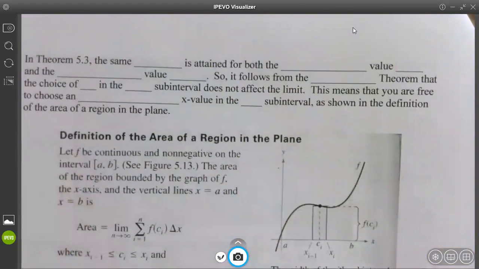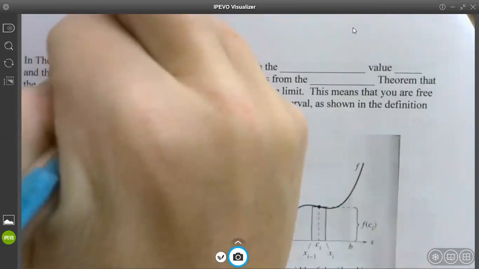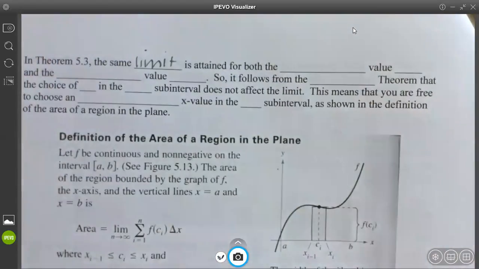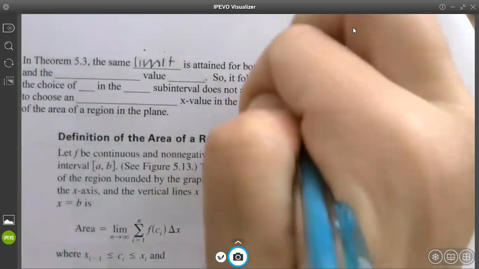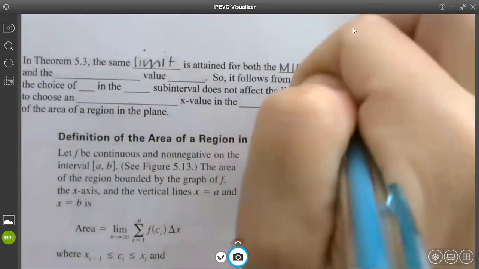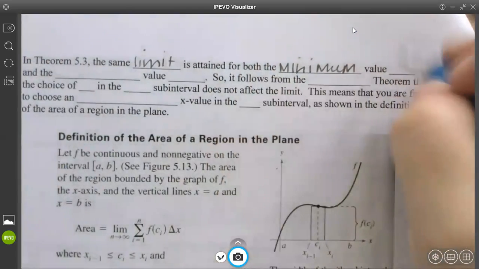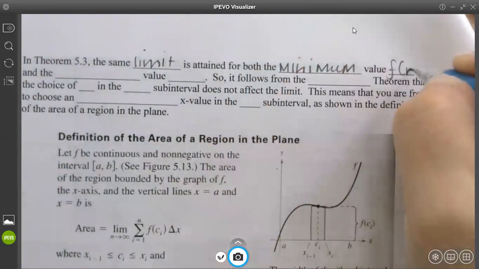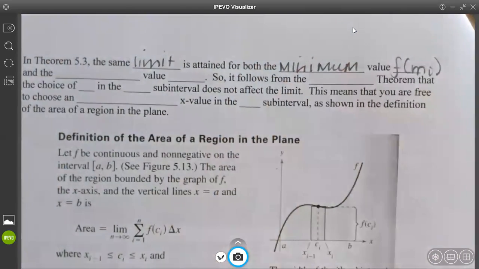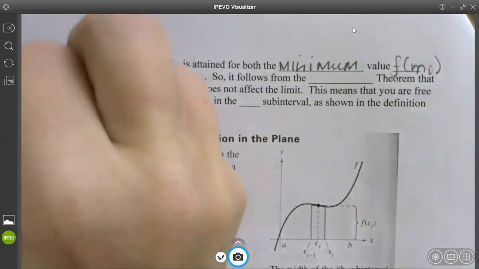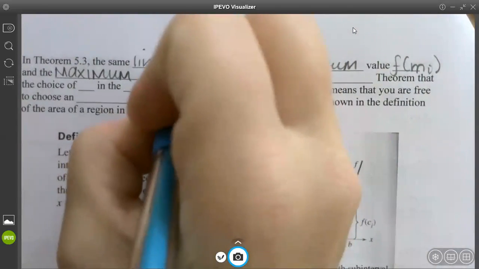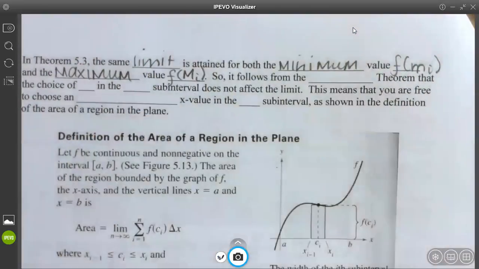In Theorem 5.3, the same limit is attained for both the minimum value, which is f of little m_i, and the maximum value, f of big M_i.